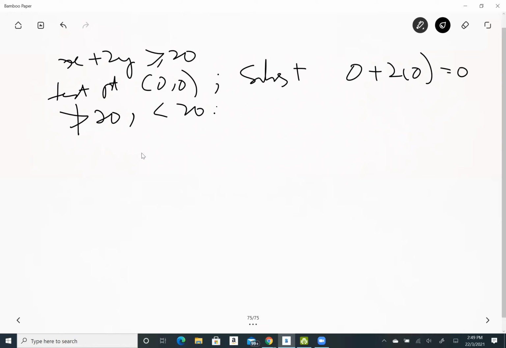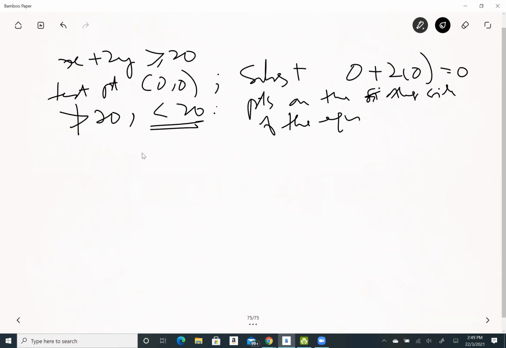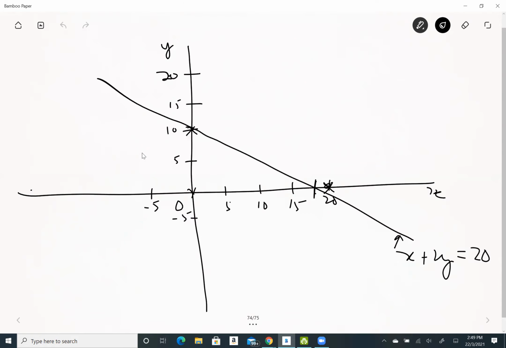So, therefore, where is our inequality? On the other side. Points on the other side. You don't have to write on the side of the equation. You don't have to write here. You just show it on the graph. So you do the test point, it doesn't satisfy.